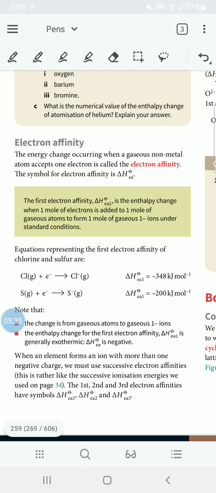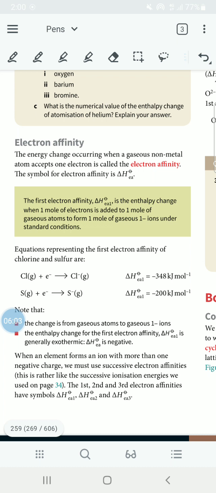Ea. The first electron affinity, Ea1, is the enthalpy change when 1 mole of electrons is added to 1 mole of gaseous atoms to form 1 mole of gaseous minus 1 ions under standard conditions. Right? So each of those parts is important. 1 mole of electrons is added to 1 mole of gaseous atoms to produce 1 mole of gaseous minus 1 ions.